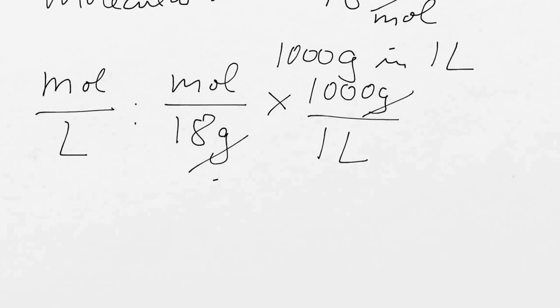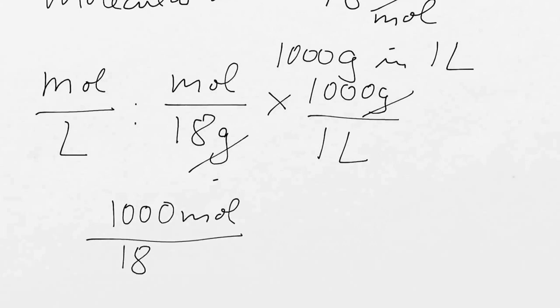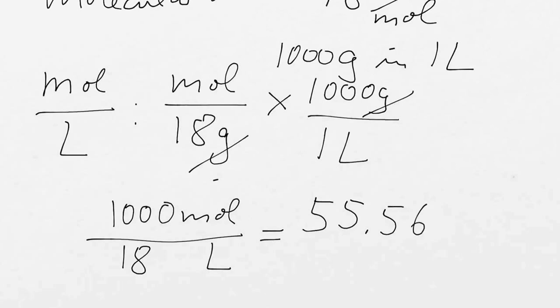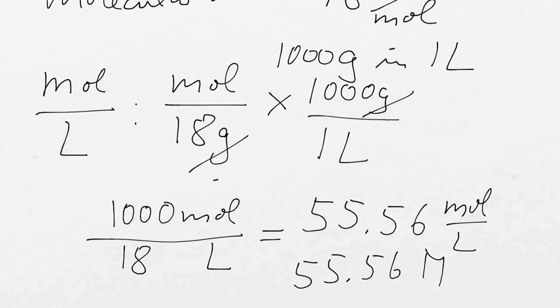What we have left is 1,000 moles divided by 18, and the unit is liter. So what's 1,000 divided by 18? 55.56. What's the unit? Mole per liter, which is the same as 55.56 molar.